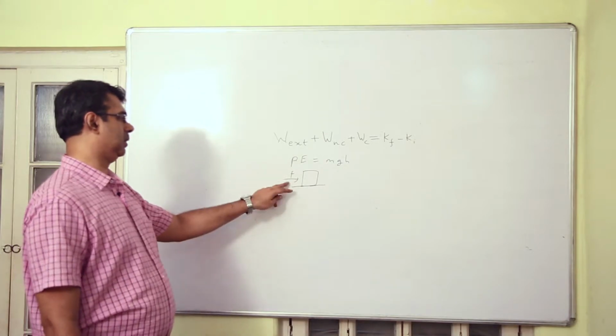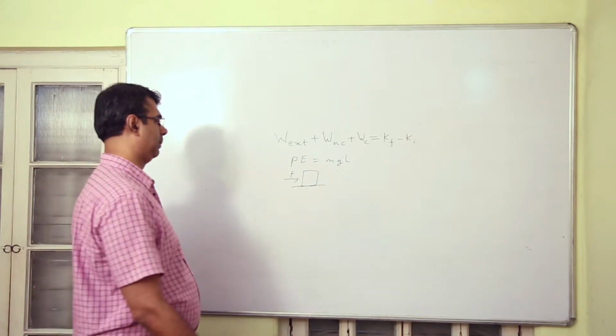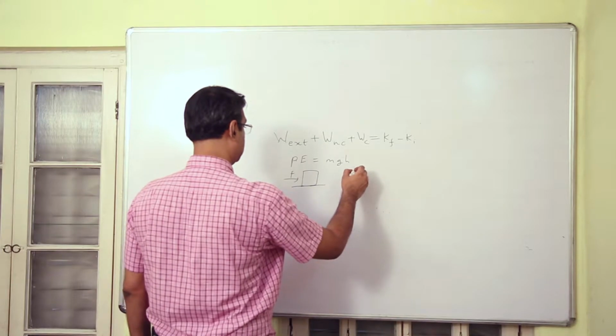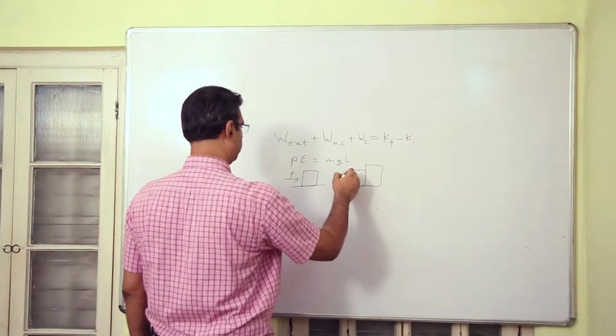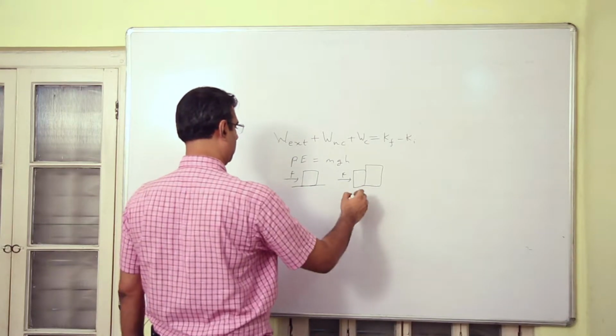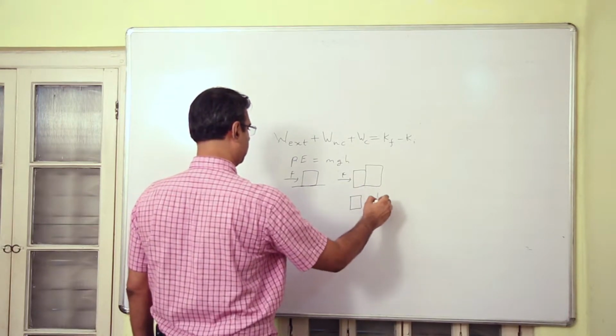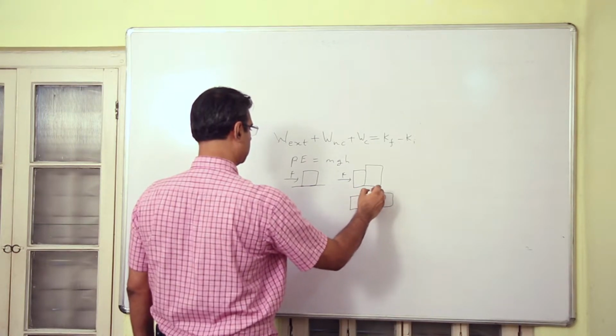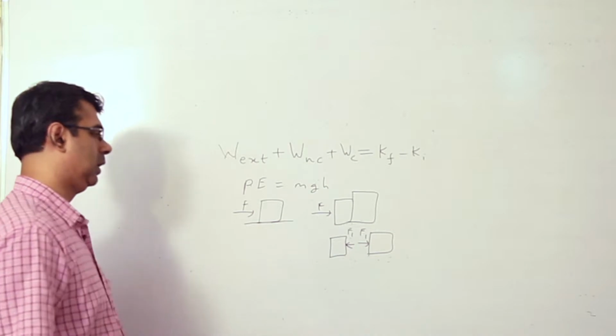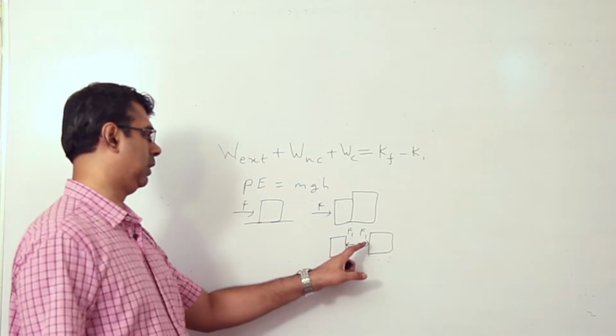So on the system, F is an external force. On the other hand, suppose there are two blocks touching each other and you push them like this. Now if you draw a free body diagram, you will see that these two blocks are exerting equal and opposite force on each other, F1, F1.